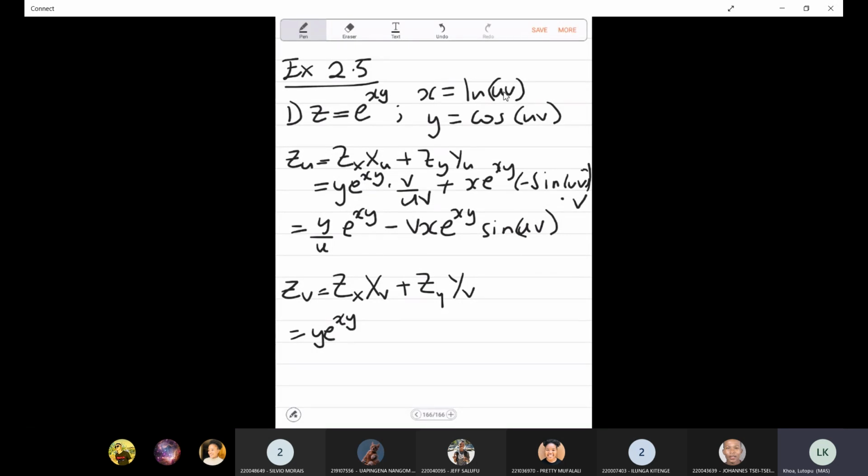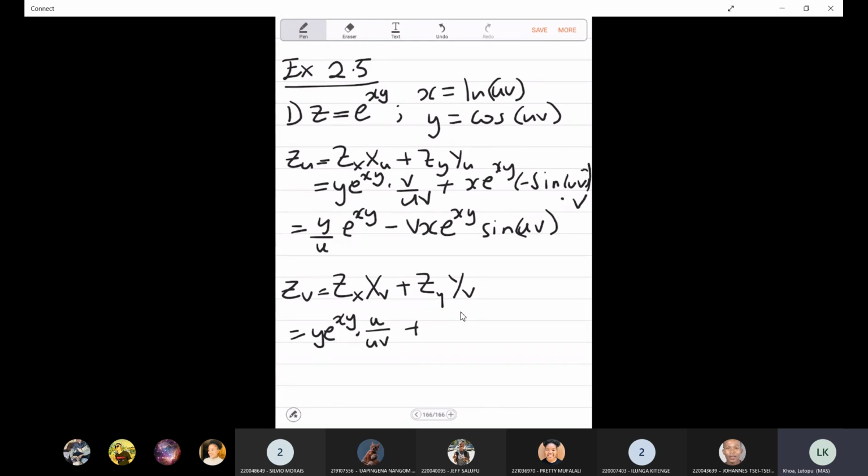This is 1 over uv multiplied by u, which leaves us with 1 over u. No, 1 over v. Let me just write it. So it's 1 over uv multiplied by u, so we have u over uv.